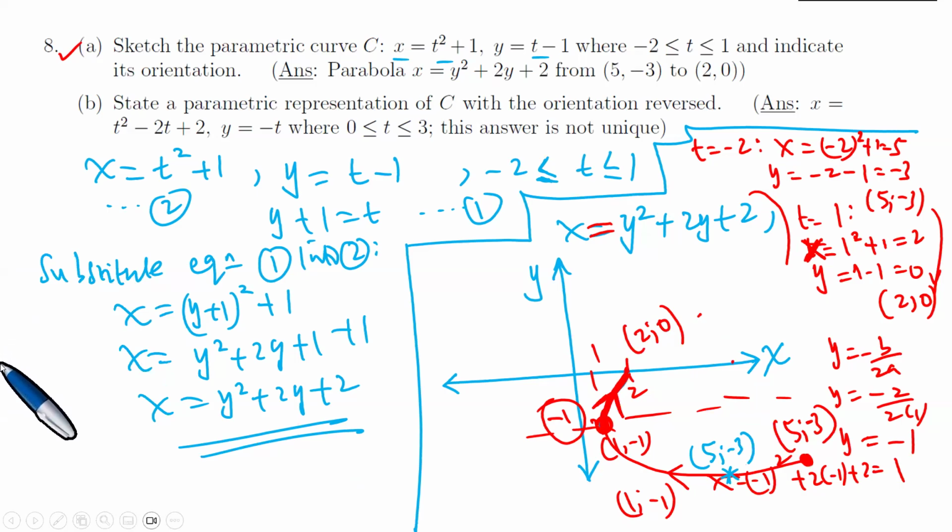So we're going to have exactly that. Any question? So this is what you have.